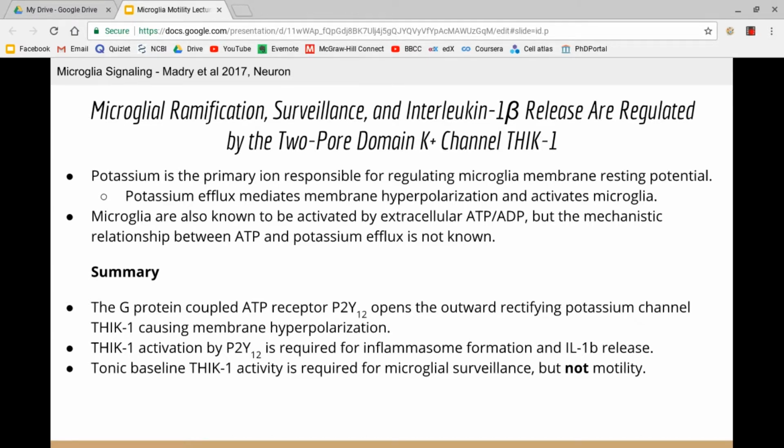Although massive THIK1-mediated potassium efflux triggers IL-1 beta and inflammasome formation, it does not actually affect motility. So you can have activation in the absence of motility. Potassium efflux may be activating the cells when it's a massive release, but it's not required for the movement of microglia. That's operating under a different set of pathways.